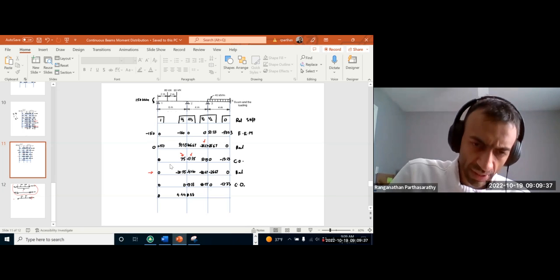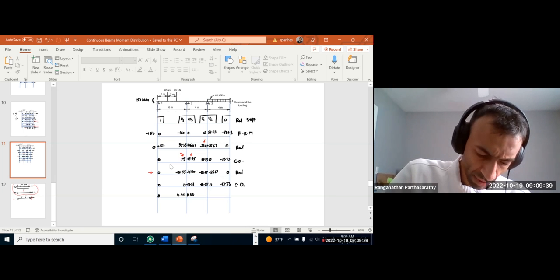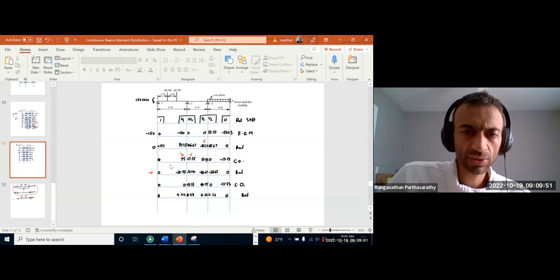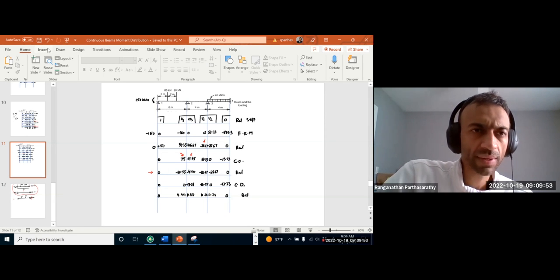Here we have negative 20.55, so we need to apply the positive of that. So positive 10.28, positive 10.28. And here is nothing. So that's the balance step.